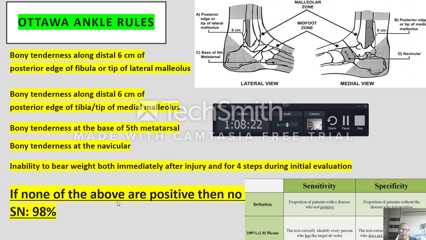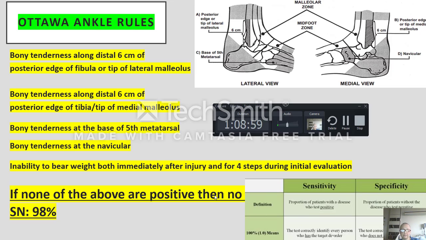Looks like I covered it up. If none of the above are positive, then no imaging is required. I covered it up with this. Anyway, the sensitivity is 98%, which is very high. So these Ottawa ankle rules, you follow these rules, and if they're positive, then it's a positive test.